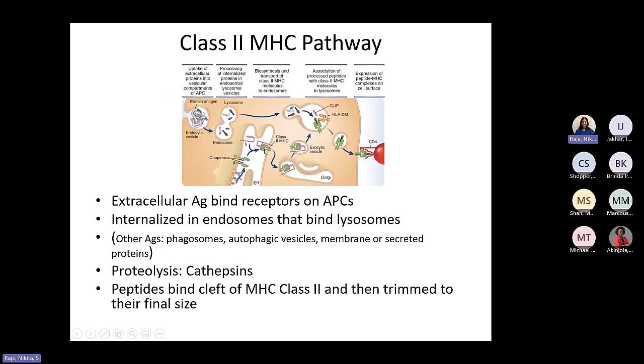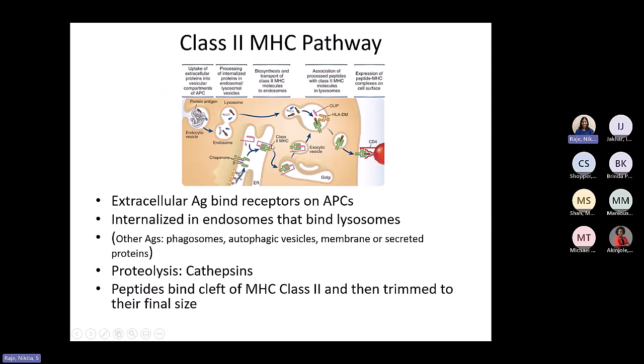It's basically blocking that cleft so that the place is not taken up by the peptides from class 1 MHC. Because the class 1 MHC peptides are coming from inside the cell cytoplasm, you don't want them loaded onto the class 2 MHC. So the class 2 MHC cleft is protected or blocked off by this invariant chain.